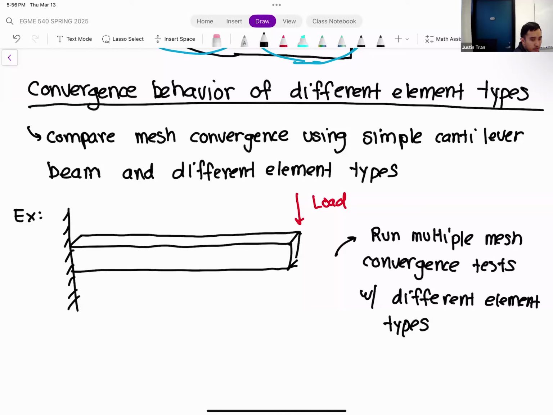And the output of interest in the mesh convergence test is simply going to be the deformation at the tip of the beam.